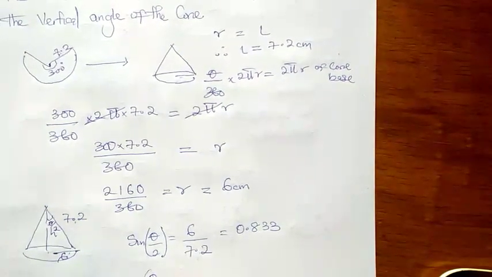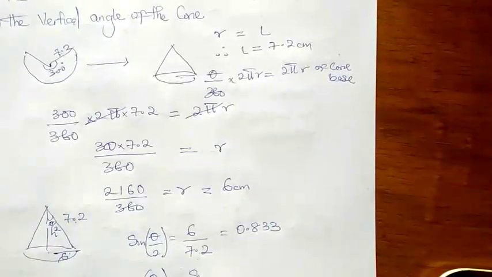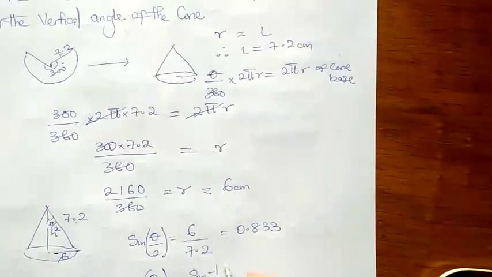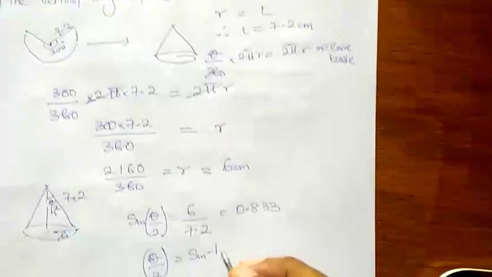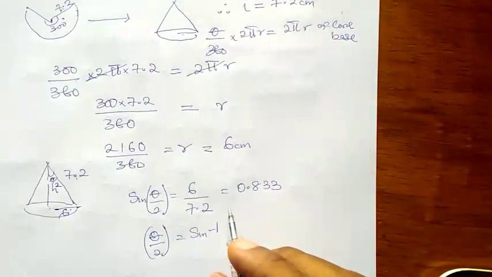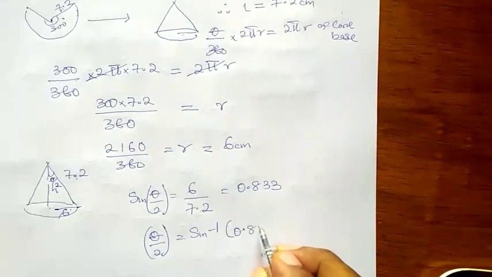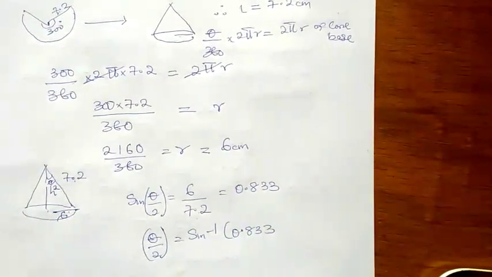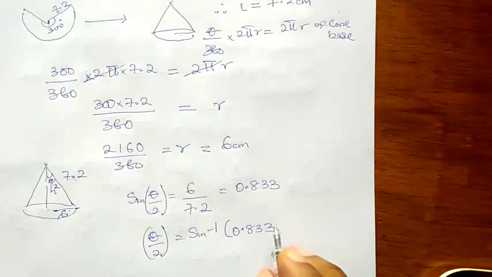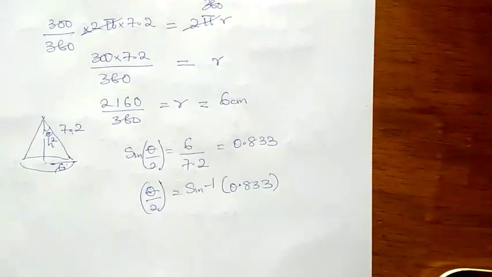0.8333. Now we are going to look for theta divided by 2, which is half of theta, and half of theta is equal to sine inverse of 0.833.